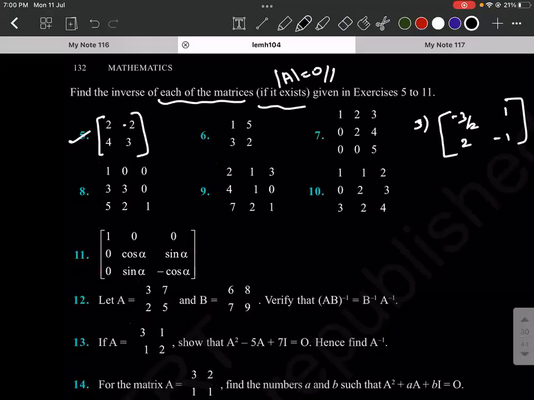3 by 2, minus 2 by 2, minus 4 by 2, 2 by 2. This is right.